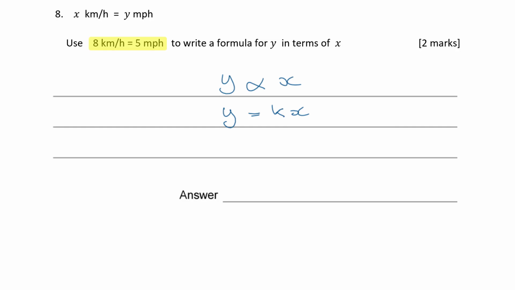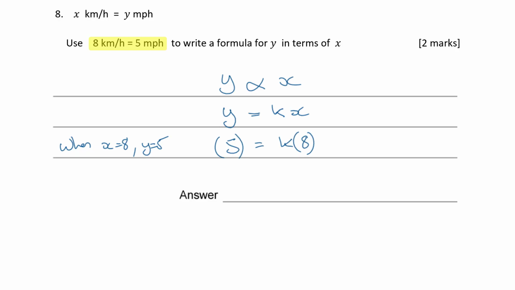And we can find k if we can find two values of y and x that go together. Now we've been given them here. So 8 kilometers per hour equals 5 miles per hour. So that 8 must be equivalent to the x and the 5 must be equivalent to the y. So when x equals 8, y equals 5, which means that 5 must be equal to k times 8.